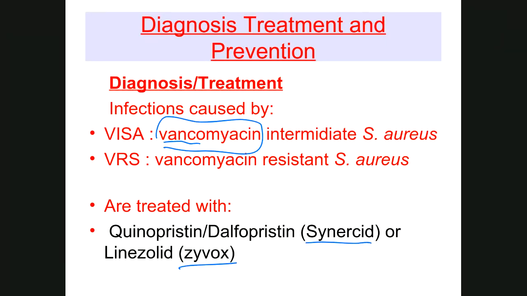We do have nowadays vancomycin intermediate Staph aureus and vancomycin resistant Staph aureus. These are still rare strains, but we're beginning to see this new type of Staph aureus, which is actually quite scary. So at this point, what we're left with is very, very toxic antibiotics, Synercid and Zyvox, once you have Staph aureus resistant to the more common antibiotics.